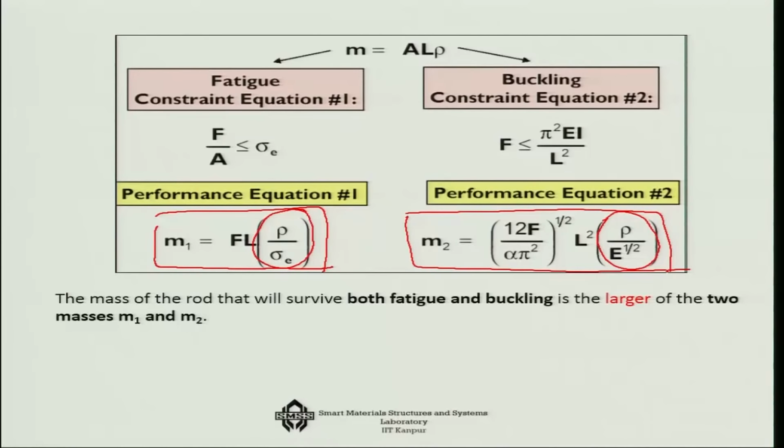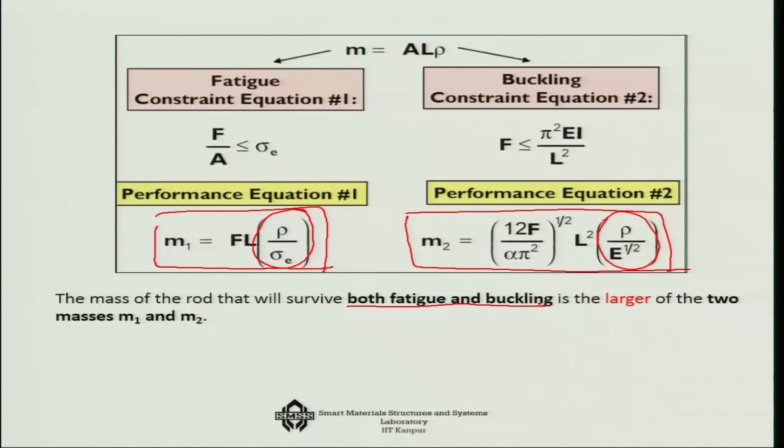So when the rod has to survive both fatigue and buckling, the mass should be the larger of the two masses, right, because if M1 gives smaller mass than M2, then M2 becomes critical for us, because otherwise it is going to fail in buckling, and vice versa. That means if M2 becomes smaller than M1, then M1 becomes critical for us, otherwise it is going to fail in fatigue.